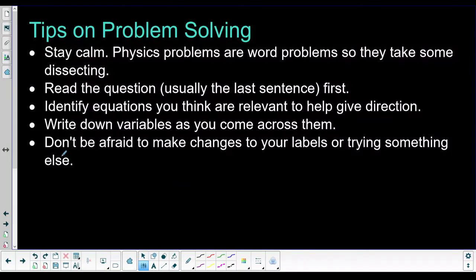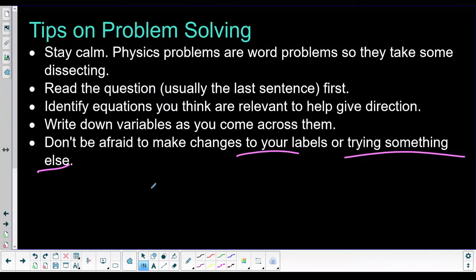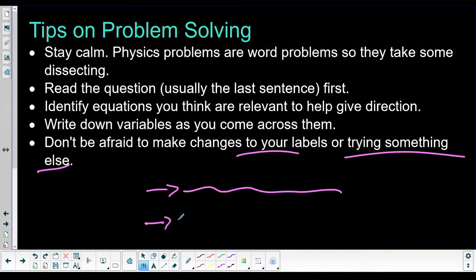Okay. So don't be afraid to go back and make changes. If you realize you made an error, fix the error. Don't try and force the error to work. It probably won't, and you'll probably give yourself an aneurysm. Lastly, try something else. Like I said, you think it's this equation here, but it's really this one here.